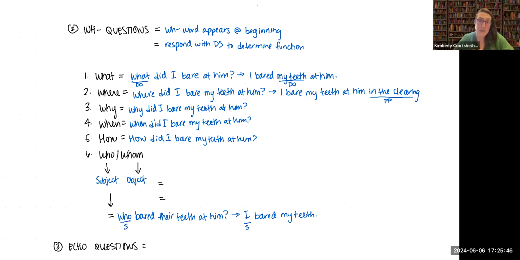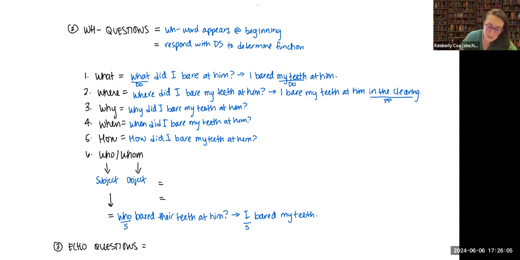So that declarative statement is telling us that we need that pronoun who because it's taking the place of the subject, right? Now, it's a little bit different if we're talking about an object, and there are a couple of different forms that could take.